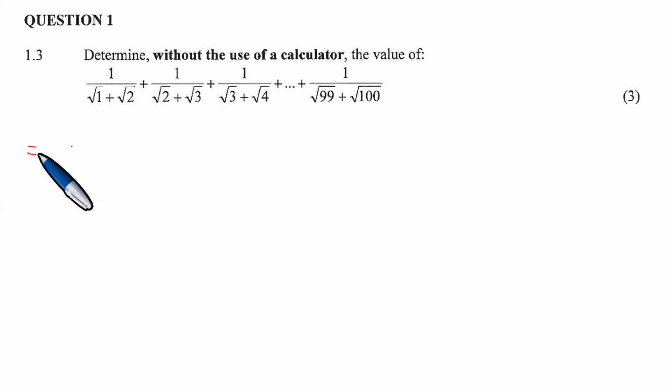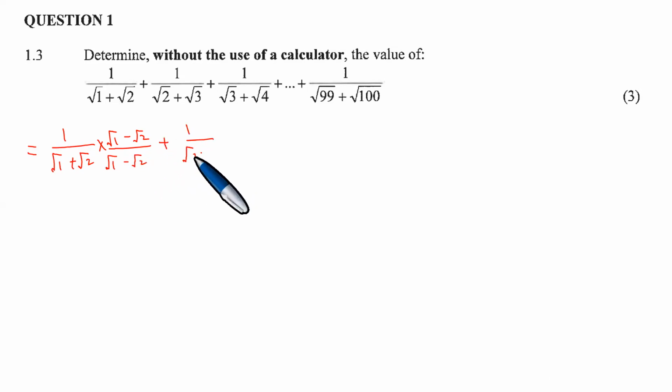So it's 1 divided by the square root of 1 plus the square root of 2. You multiply this by the square root of 1 minus the square root of 2 divided by the square root of 1 minus the square root of 2. Then 1 over the square root of 2 plus the square root of 3, times the square root of 2 minus the square root of 3, which is the square root of 2 minus the square root of 3.